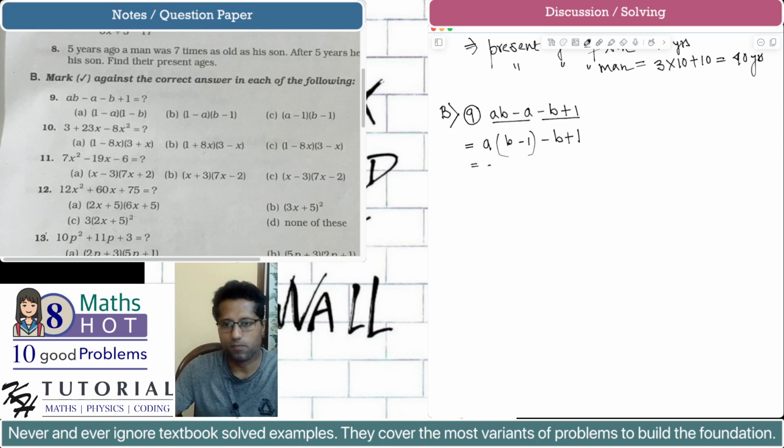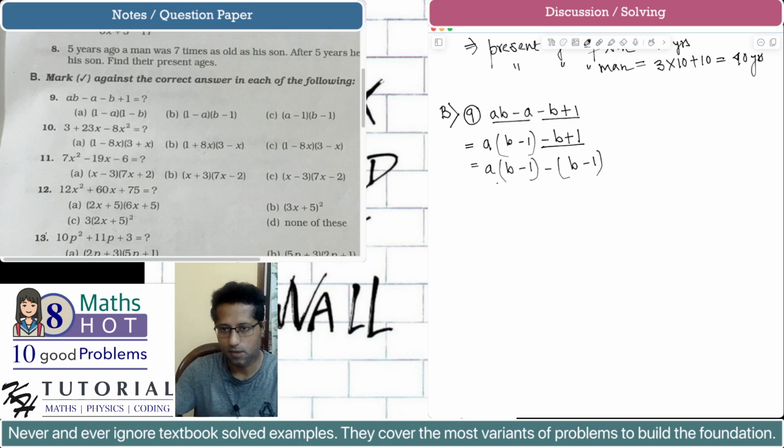Now the second group can be re-expressed by taking minus 1 common from both the terms of the second group, which is minus B plus 1. If you take minus 1 as common factor, we get minus of B minus 1.